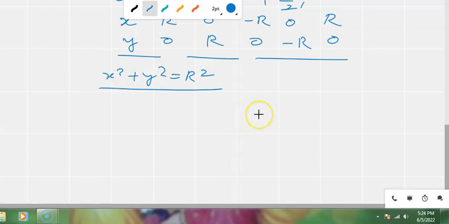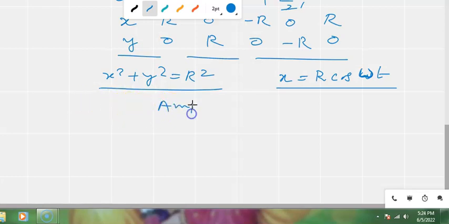So simple harmonic motion is nothing but the displacement following this law: x is equal to r cos omega t. Here omega is the angular speed, also called angular frequency. This r, we have seen that it goes from plus r to minus r, so this is called the amplitude of oscillation.